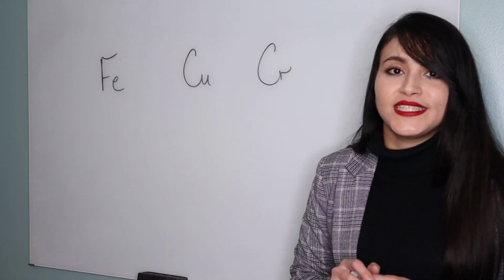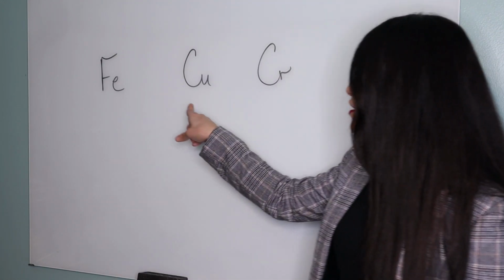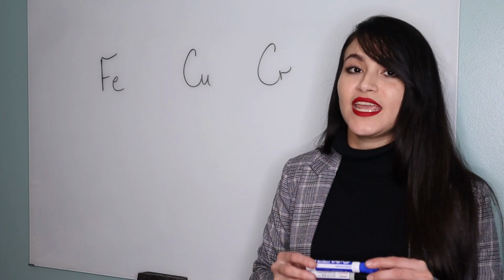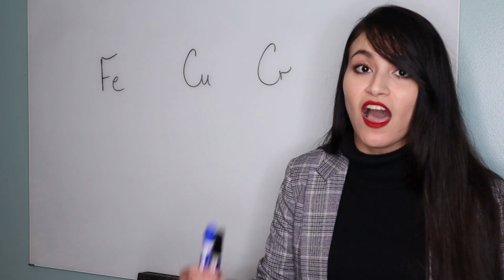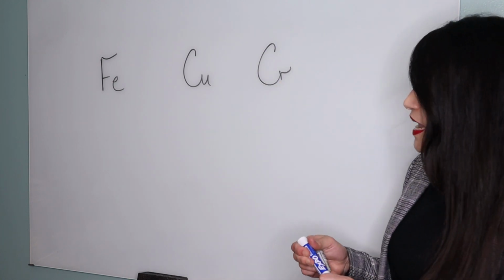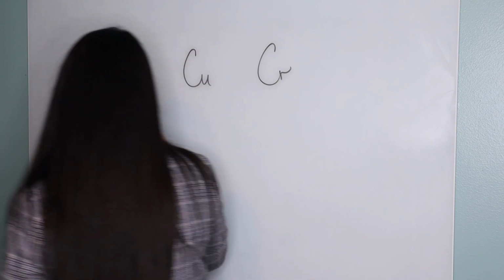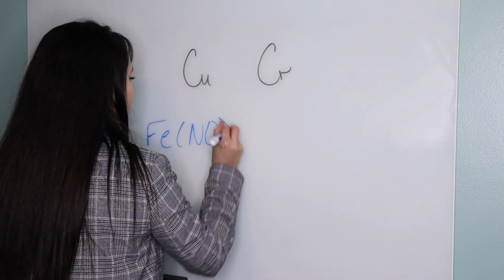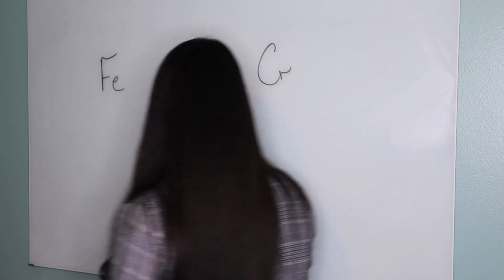One last thing that I wanted to point out is that iron, copper, and chromium are all transition metals. So you have to be careful when it comes to figuring out what the charges are for these elements. So first off, in our example previously, we had iron 3 nitrate.